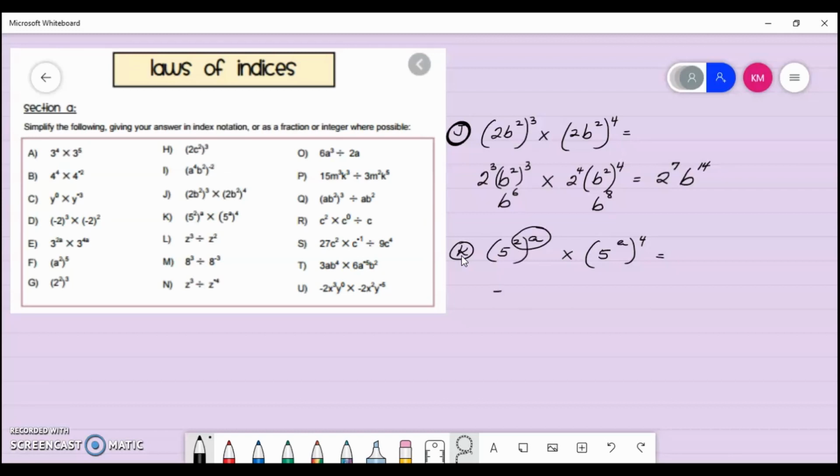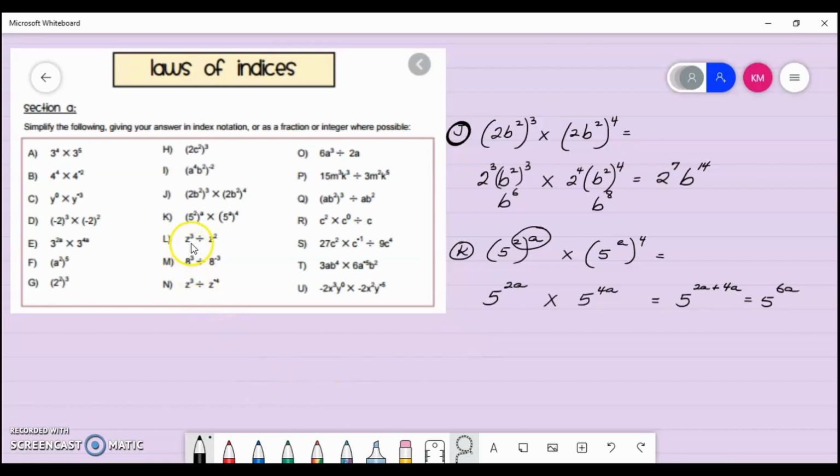And that is going to give us 5 to the power 2a, because we know 2 multiplied by a is going to give us 2a. And this is going to be multiplied by 5 to the power 4a, because we know a multiplied by 4 is going to give us 4a. So now we can add our powers. We will get 5 raised to the power 2a plus 4a, and that is going to be 6a.